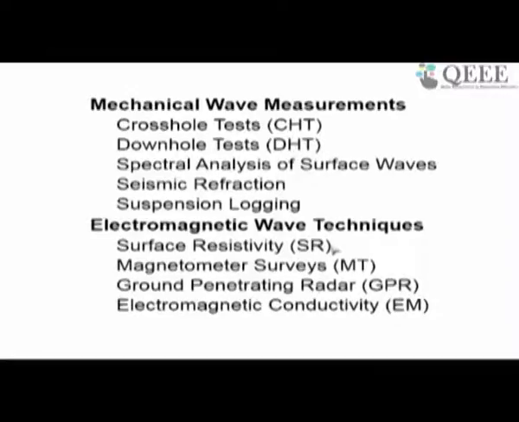In this we have tests like cross-hole tests, downhole tests, spectral analysis of surface waves, seismic refraction tests, and suspension logging. And in electromagnetic wave techniques we have surface resistivity techniques, magnetometer surveys, ground penetrating radar, and electromagnetic conductivity.